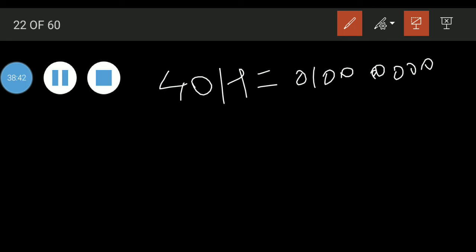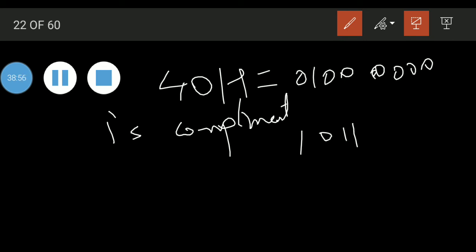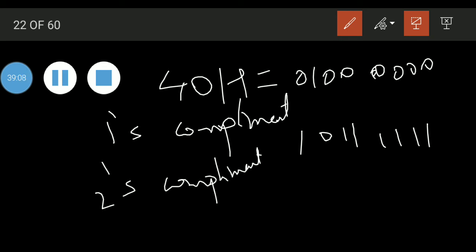Now when I talk about 1's complement, all 0s are changed into 1s and 1s into 0s, so we get 1 0 1 1 1 1 1 1.